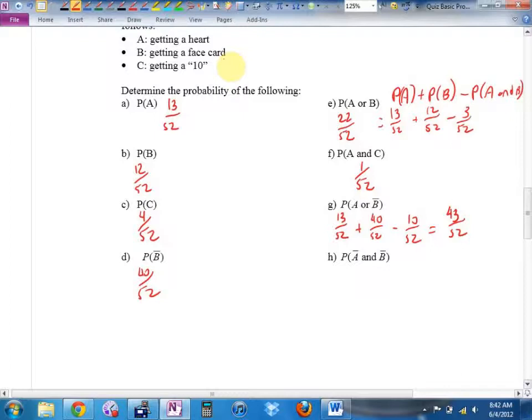Of those, how many are also not face cards? Well, there's 3 left in each suit, 3 suits. You know what? I think it's that. It is that. 30 out of 52. Yes? Turn the page.